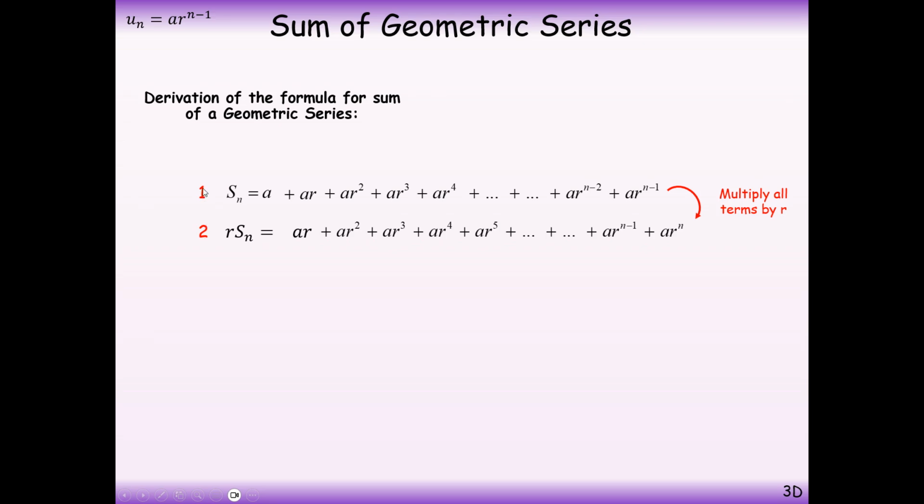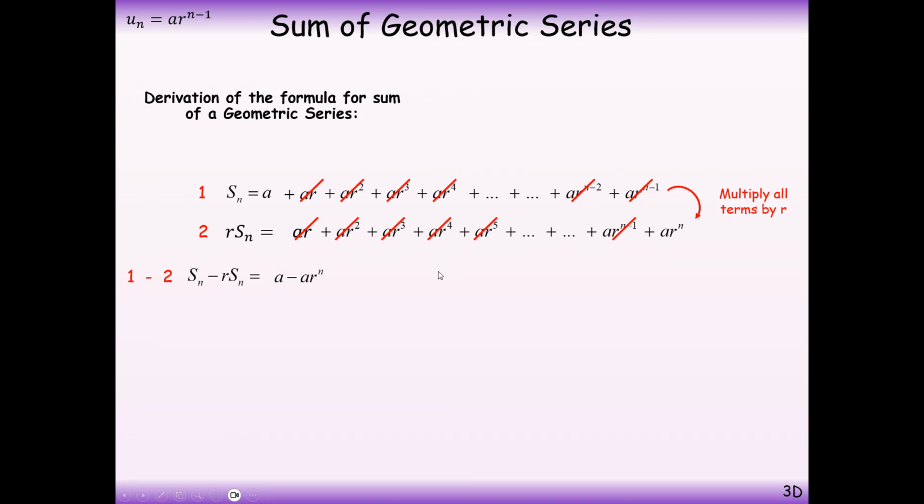If we say 1 minus 2, we'll have on the left this expression, and on the right, everything in the middle will cancel away. After all, that's the kind of trick we want in maths. What we're left with on the right is a minus ar to the power of n.